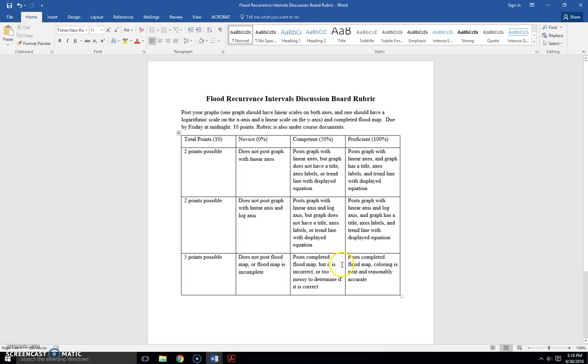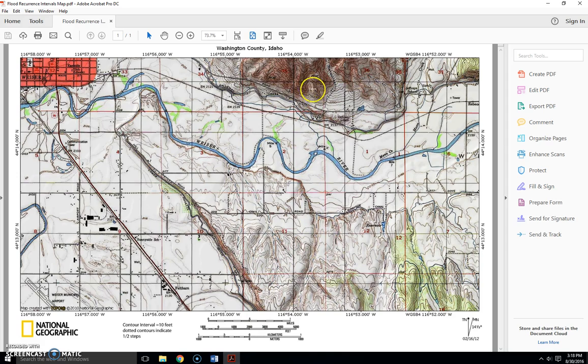So that's what you're aiming for. You're aiming for the coloring of your flood map to be neat and reasonably accurate. So you don't need to get out your magnifying glass unless you're really blind, but just be reasonably accurate in drawing your flood map and you'll get full points.